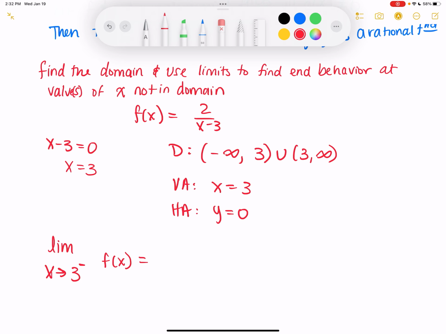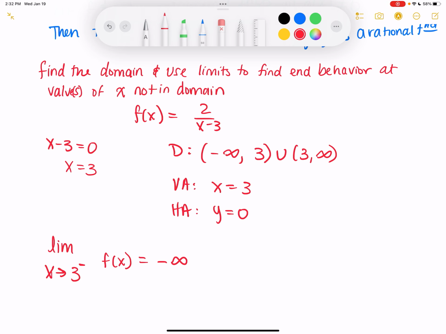So I've got 2 divided by 2.99999 minus 3. That's something like negative 0.0000001. 2 divided by a really small number is going to give us a really big number, but it's negative, so that's going to give us negative infinity.